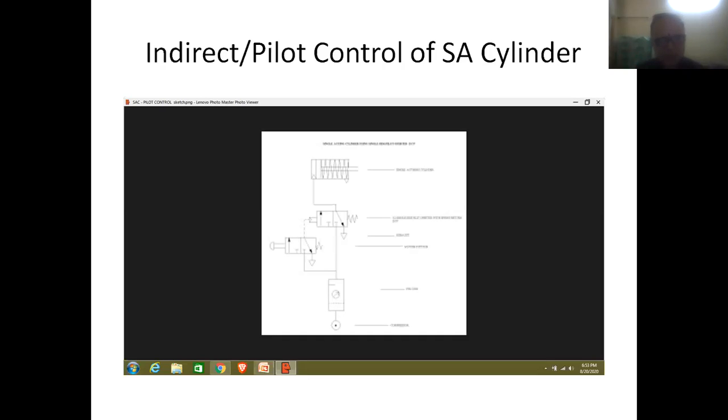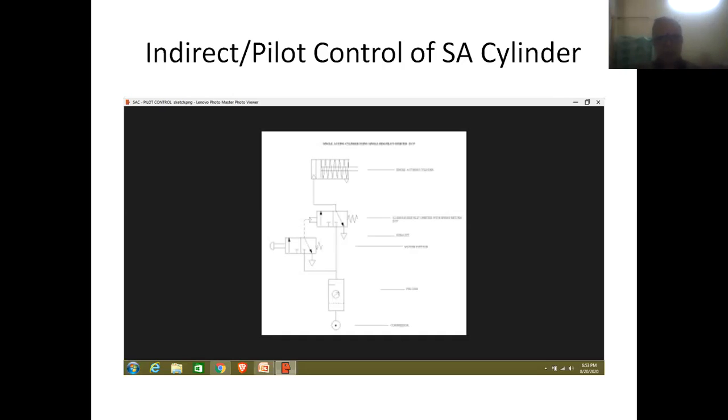And similarly, friends, so far as the pilot valve is concerned, push button is used for putting the valve in first position, and spring pressure will be used for putting the valve in second position.